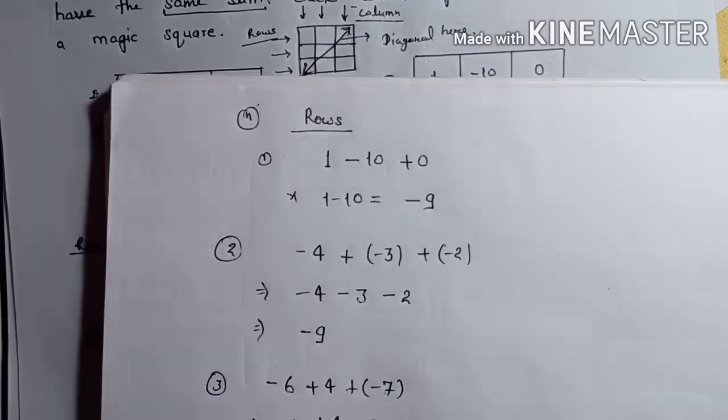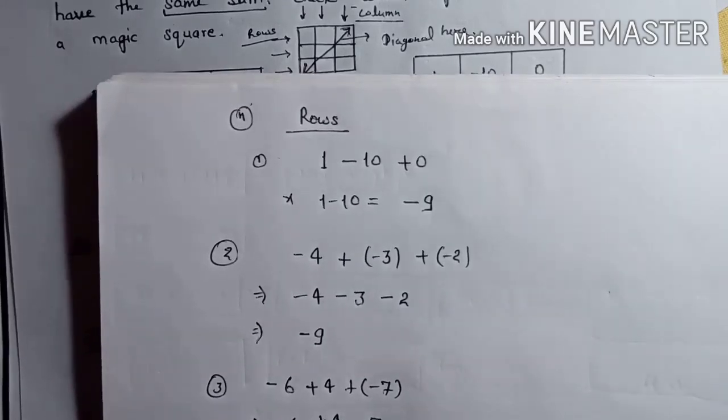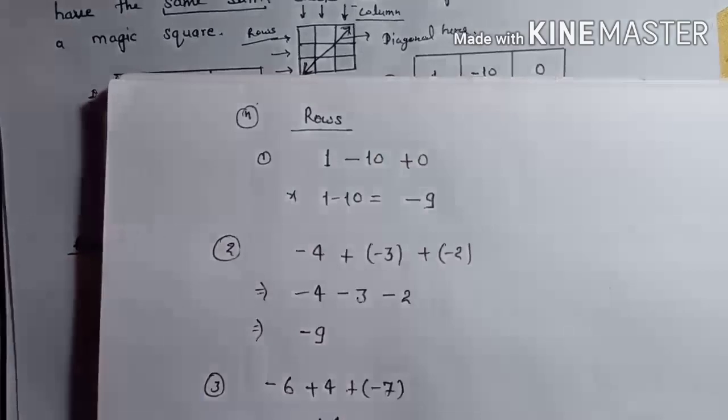See, again we have the result -9. It means the sum of all the rows is equal.